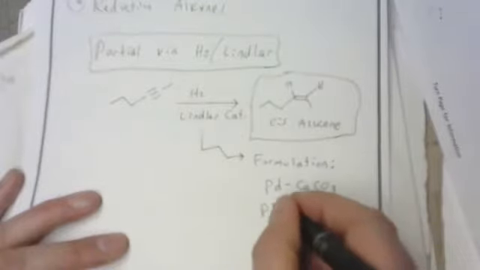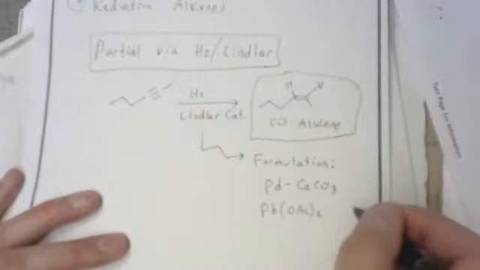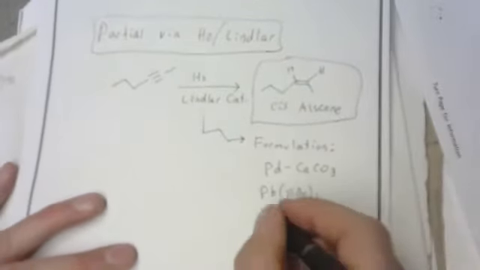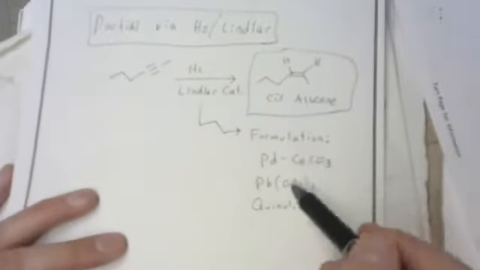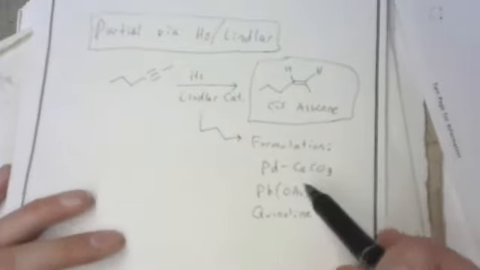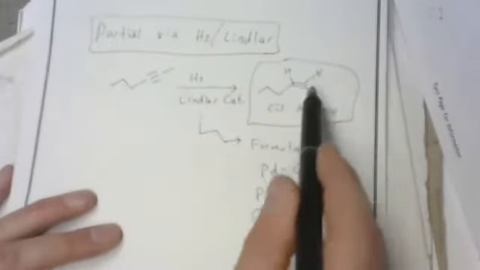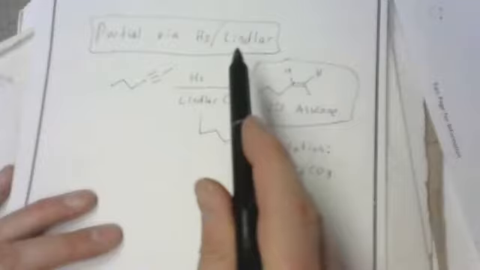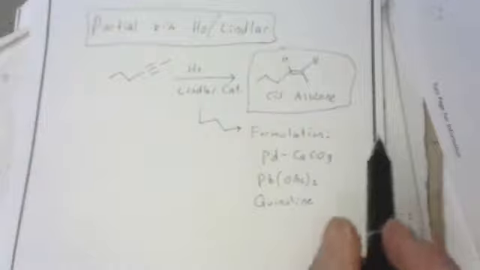Also lead acetate, and also something called quinoline. You can Wikipedia the structure of it. But it's essentially a weird mixture that is a little bit less active than normal palladium, and that's why it kind of stops halfway from the alkyne to the alkene. I guess Lindlar was probably the person that discovered it and put their name on the catalyst, and that's what happens when you discover something kind of famous. So you guys need to discover something famous and you'll get your name on it.